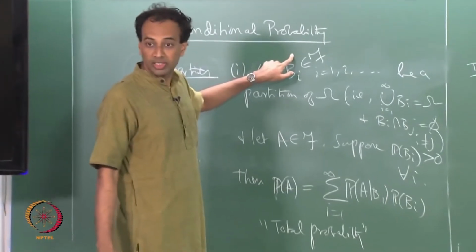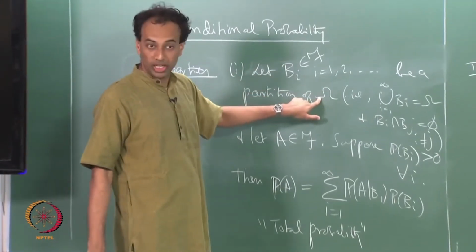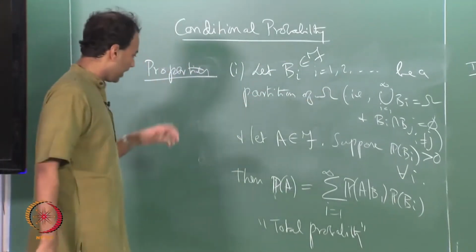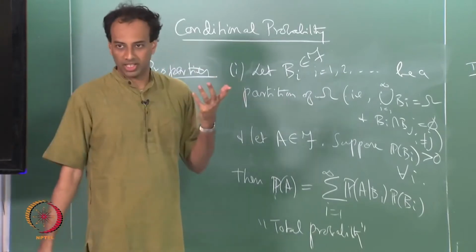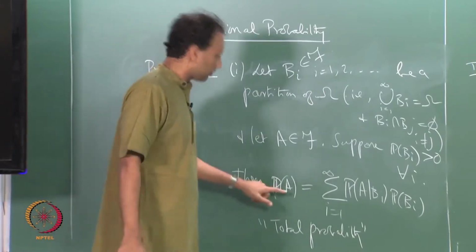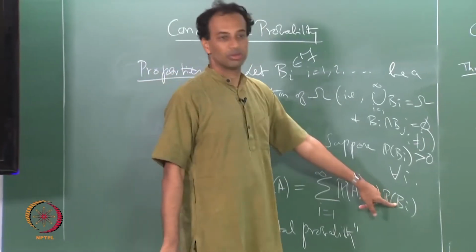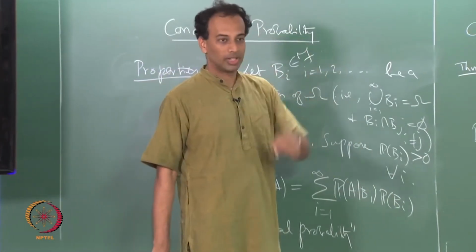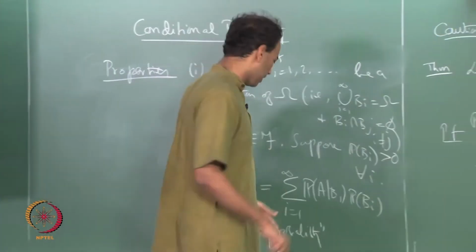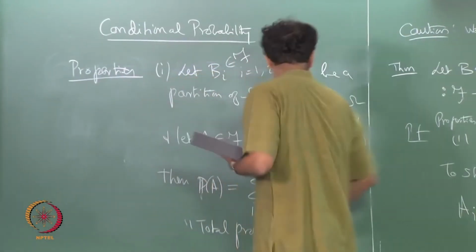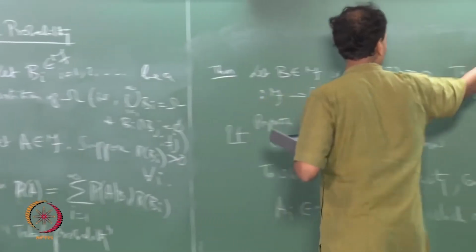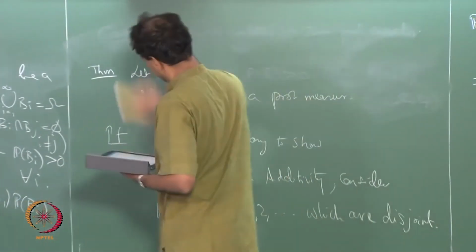The B_i's are F measurable and they form a partition of omega, and A is any F measurable set. Then you can write the probability of A as the sum over all these partitions of the probability of A conditioned on B_i times probability of B_i.